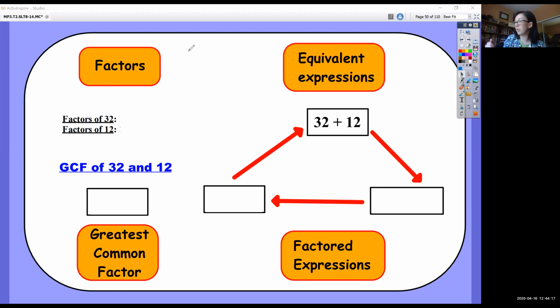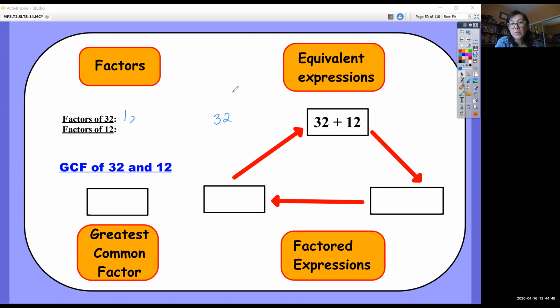You can use a calculator or a multiplication chart because you're at home and you should use all the tools available to you. So I could take my calculator and just do, well, okay, I know 32 is divisible by 1. 32 divided by 1 is 32.